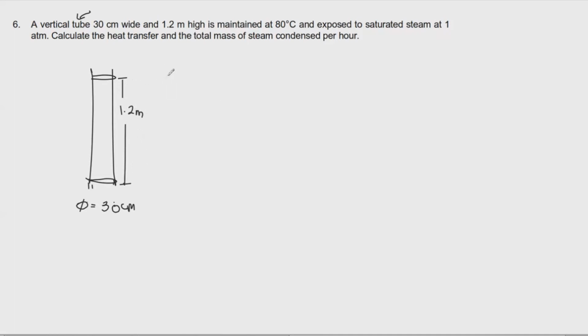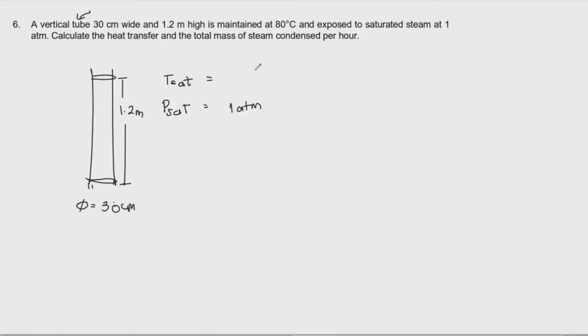This pipe is being exposed to saturated steam, so we have the saturation pressure of the steam, and the pressure at saturation is equal to 1 atmosphere. So you can think of this as steam at 1 atmospheric pressure. If you have 180 m, that's the normal pressure that we experience.